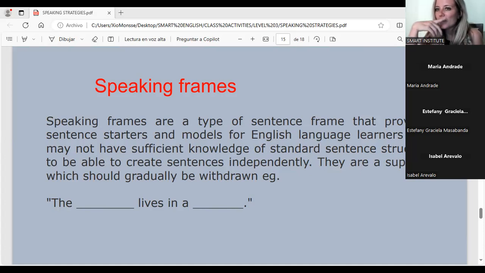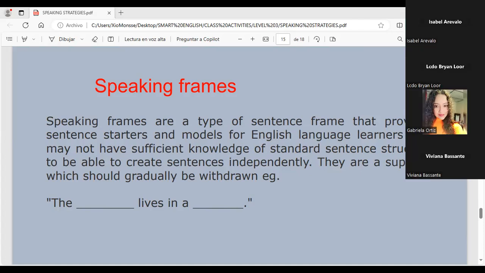Is this activity for beginners or can you change it? You can make a variation of this exercise. Maria, what do you think? Stephanie, Isabel, Viviana, Gabi. I think you can make it a little bit more complicated each time.